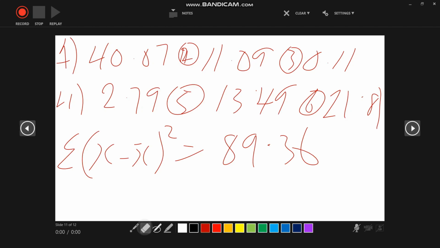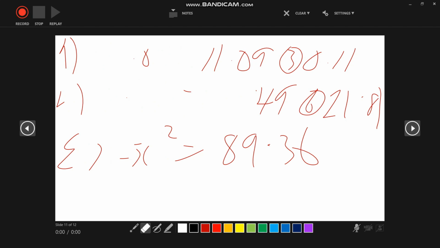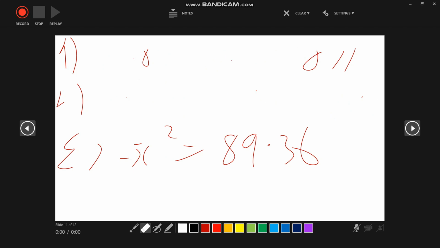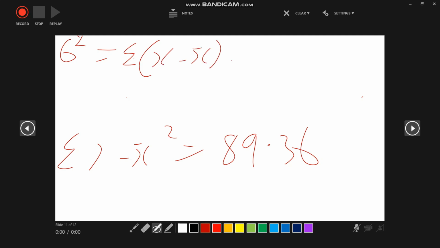Our variance rather. We are dealing with variance, not mean. Our variance will now be, remember the formula, summation of x minus x bar squared over n.